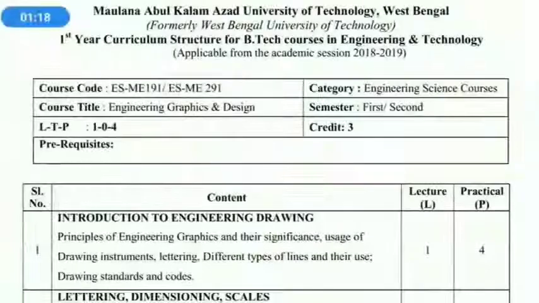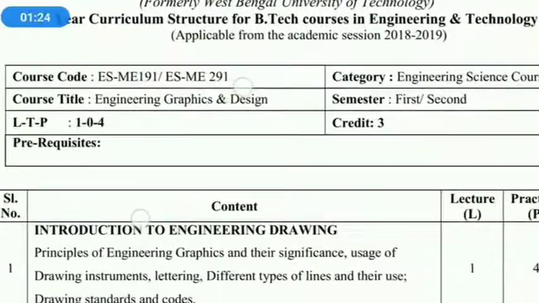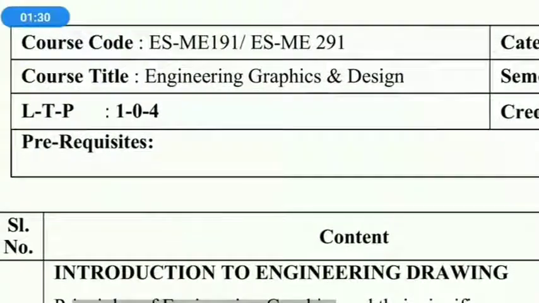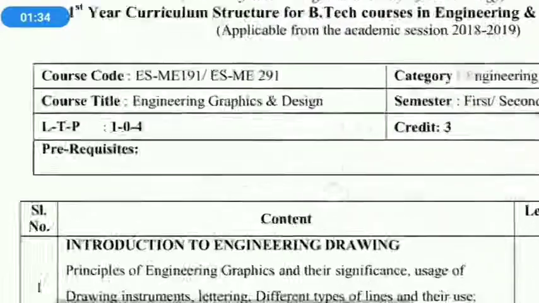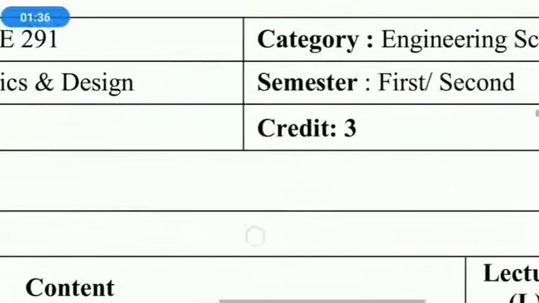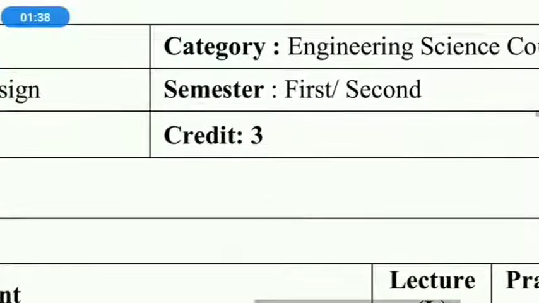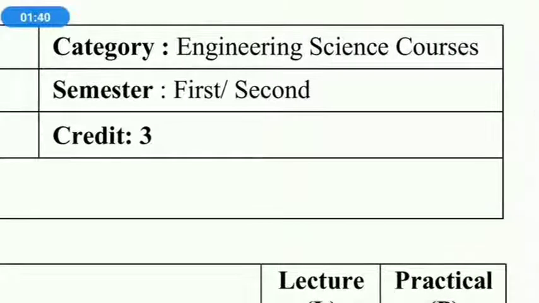Let us now discuss the syllabus of your engineering graphics and design. You can find over here that you have got 1 lecture, 0 tutorial and 4 practical periods, and the credit point is 3. It is under the category of engineering sciences courses.